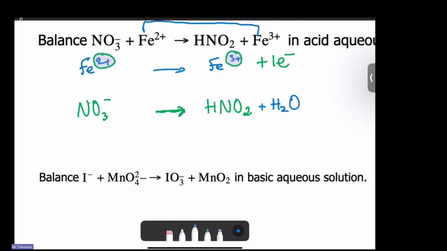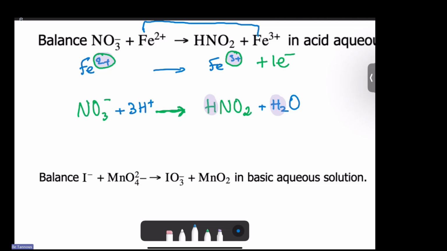And I just add one because I only need one O. Now it's the time to balance the hydrogens. I have 1, 2, 3 hydrogens on this side. So I balance hydrogen by adding H plus on the side that is missing hydrogen. 3 H plus.